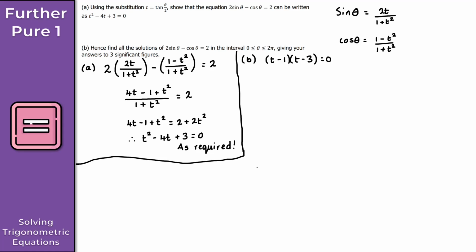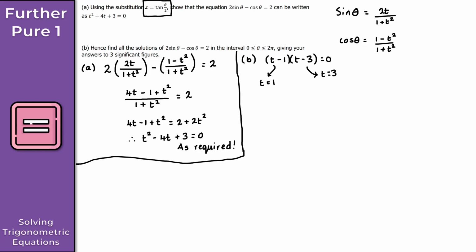Okay, now this gives me two values of t here. We get that t is equal to 1. And we also get that t is equal to 3. Now, at this point here, these are values of t, right? But we want values of theta. That's what we're solving for here, okay? So what I need to do now is use this substitution here.